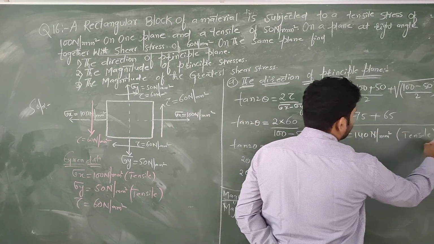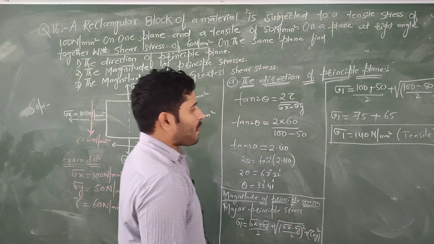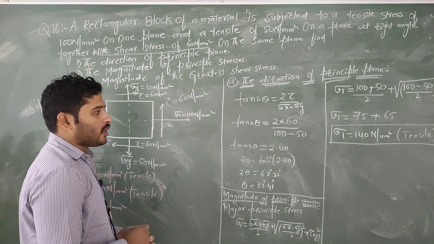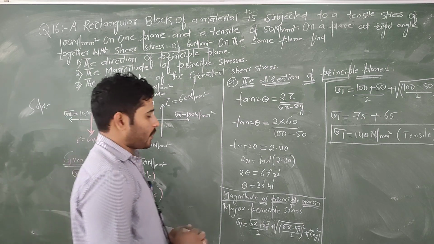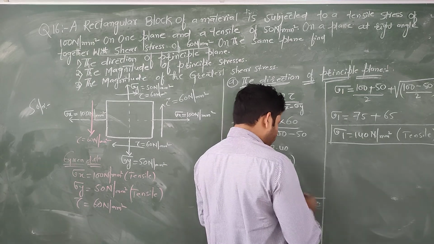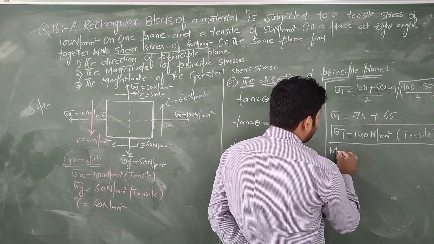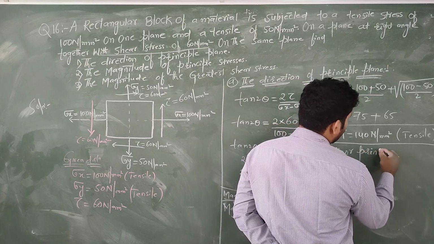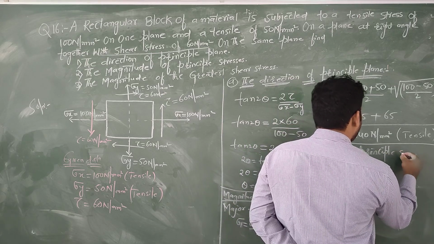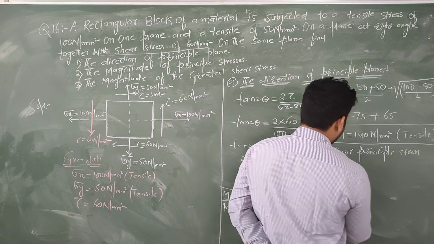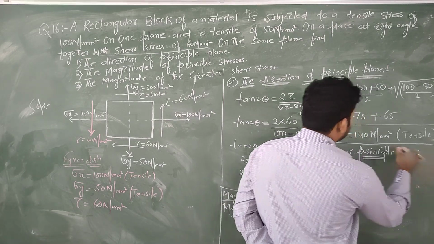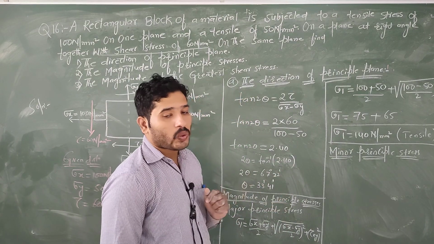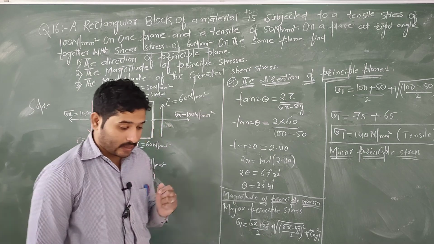So sigma 1 indicates the maximum principal stress. Again, we need to find the minor principal stress. For that you just subtract 75 minus 65 and you get only 10.